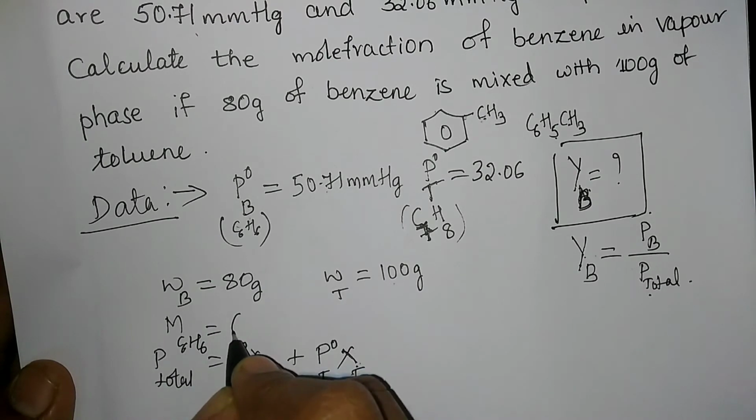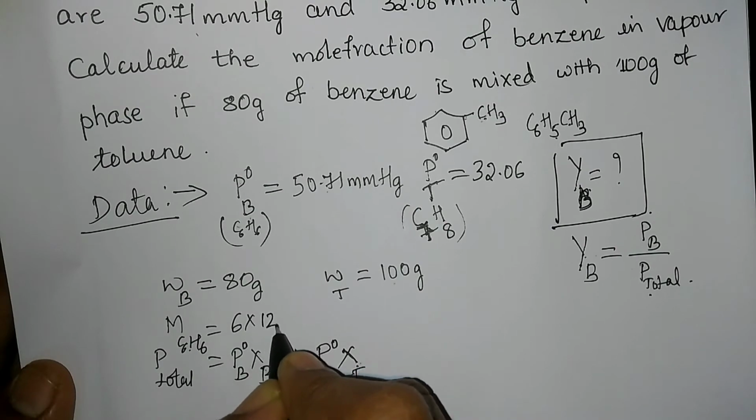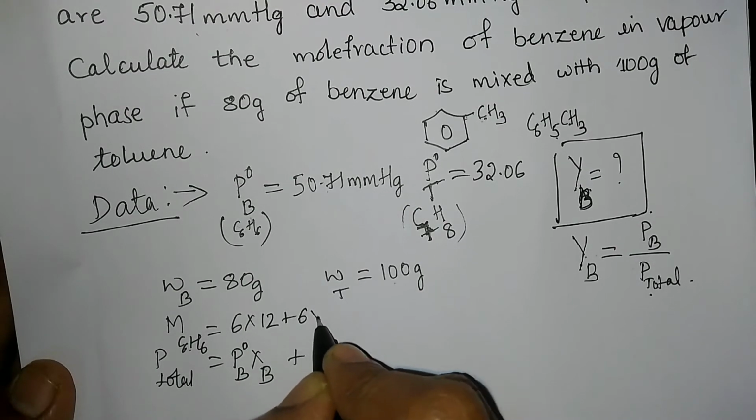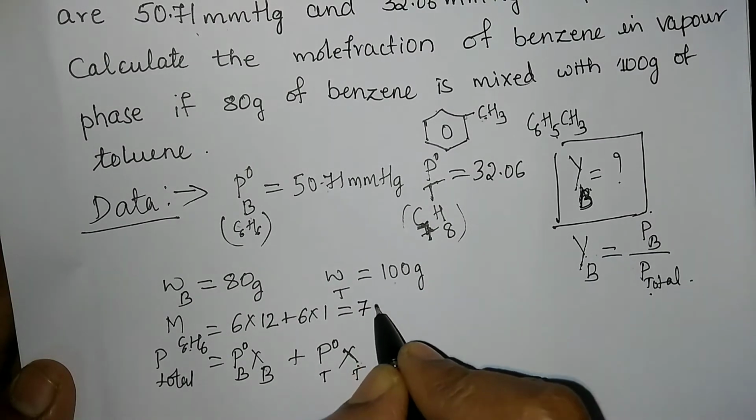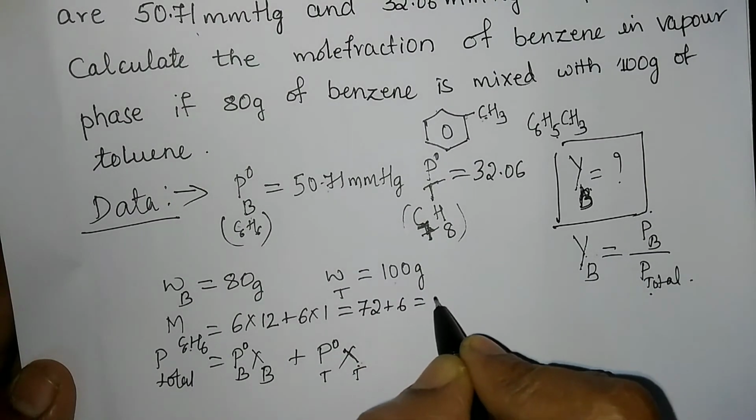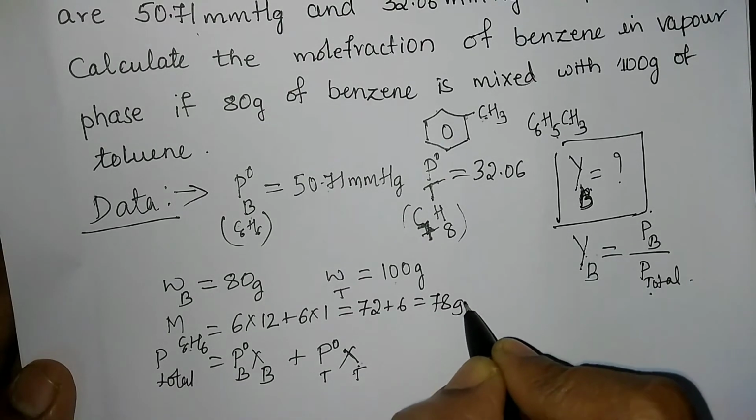How do we calculate? 6 carbon atoms each with mass 12 plus 6 hydrogen each with mass 1: 12 sixes are 72 plus 6, that is 78 gram per mole.